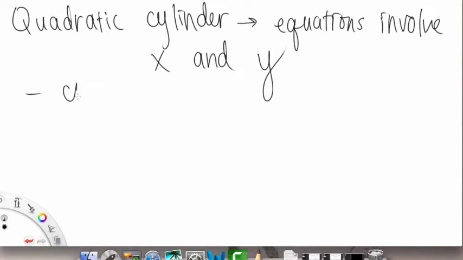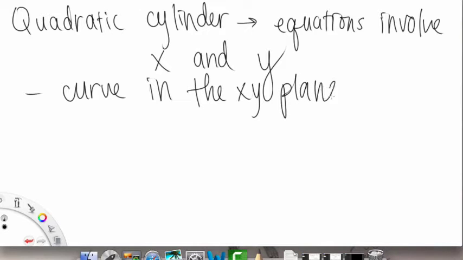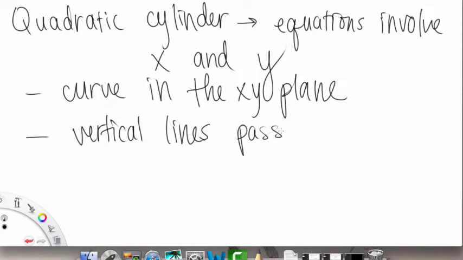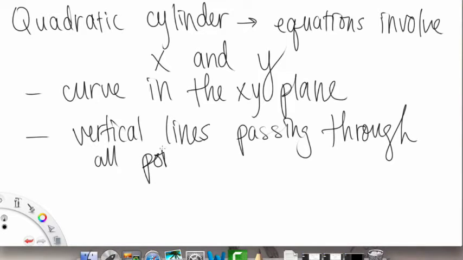So what we have is actually a curve that exists in the xy plane, and that curve is basically just extended upward and downward with vertical lines. So it consists of vertical lines, that's the important part, vertical lines that go straight up and down from each of those points in the xy plane, passing through all points on that curve.